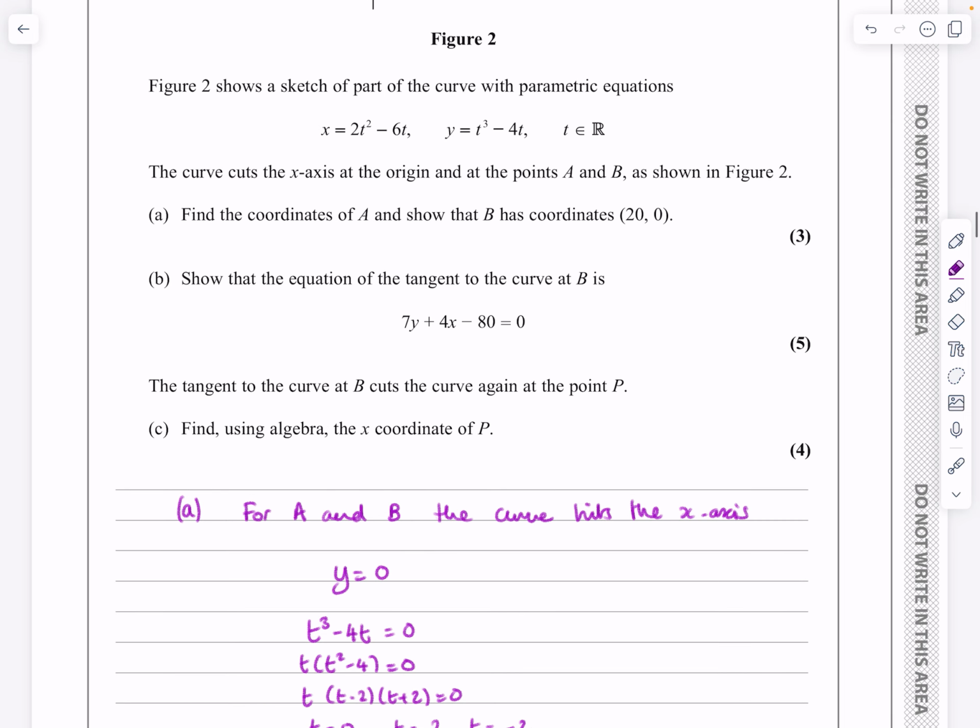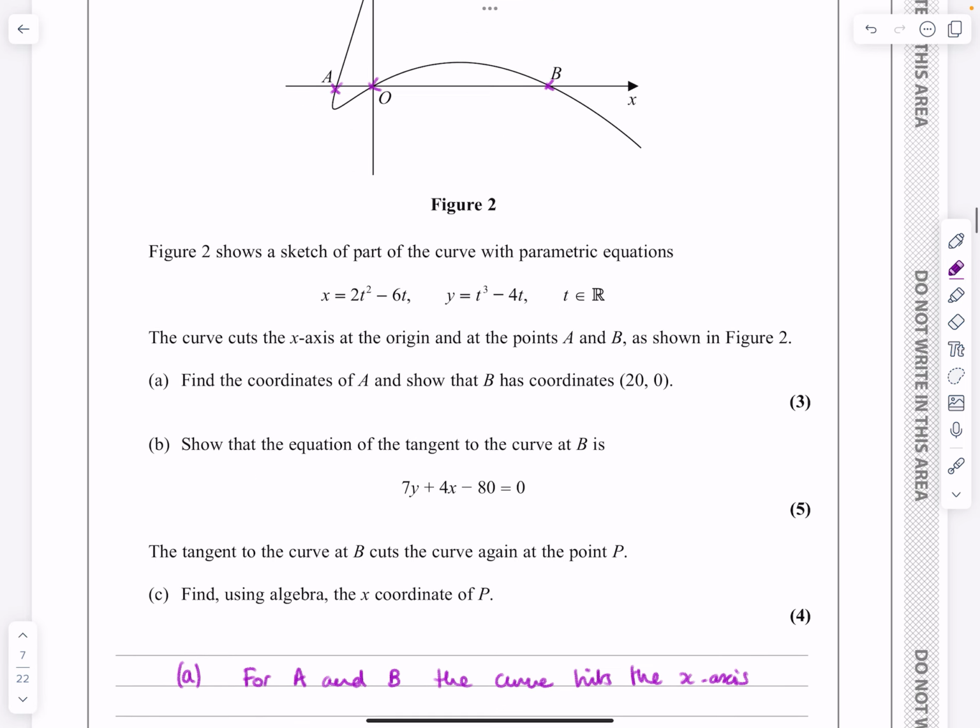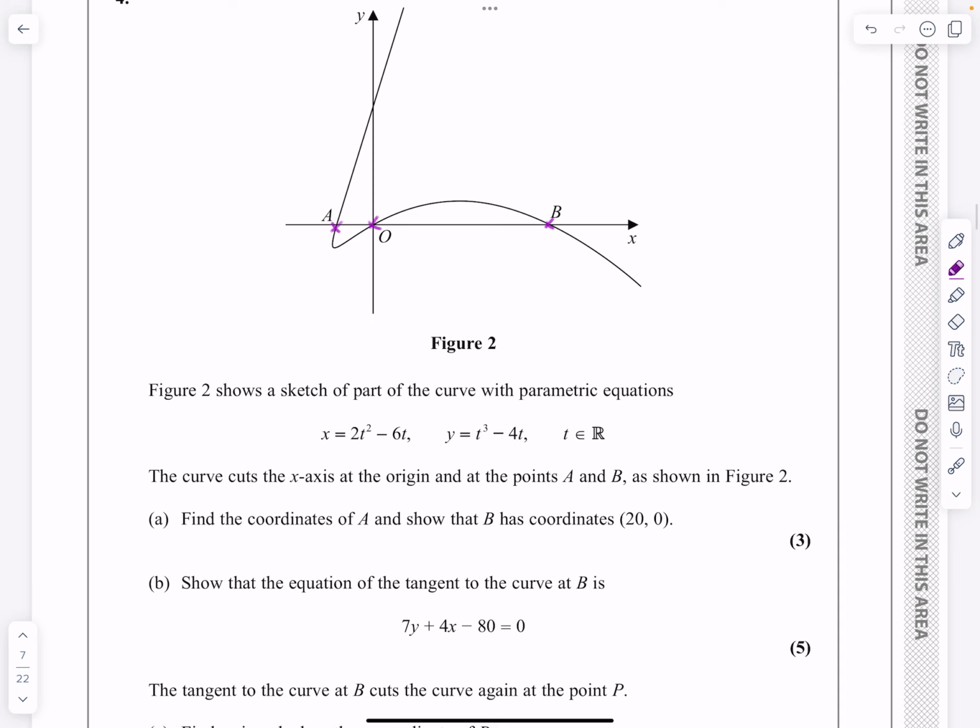So part B says, can we show the equation of the tangent to the curve is 7y plus 4x minus 80 equals 0. So the tangent at B, really doing this only because I've read the rest of the question out. Tangent at B then, later on we're going to be looking at this value here, but not yet.